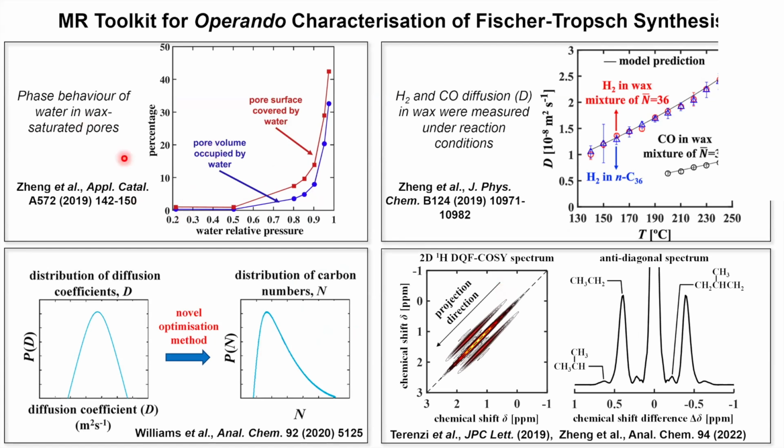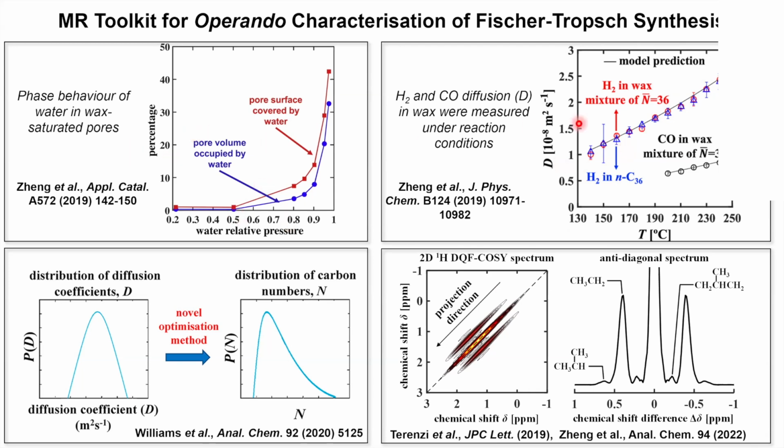But it's important to know, so we're producing a lot of water, and where that is, and do we need to worry about that when we're taking our measurements? We have identified at what partial pressures of the water you get formation of water on the surfaces, and then within pores, capillary condensation, and so on.